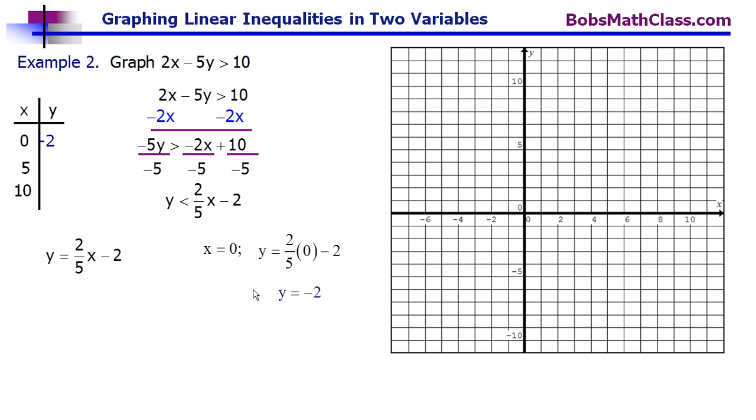Next number to choose is 5. 5's will cancel, so 2 take away 2 is 0. And next number to choose is 10. 5 goes into 10 twice. 2 times 2 is 4. 4 minus 2 is 2.